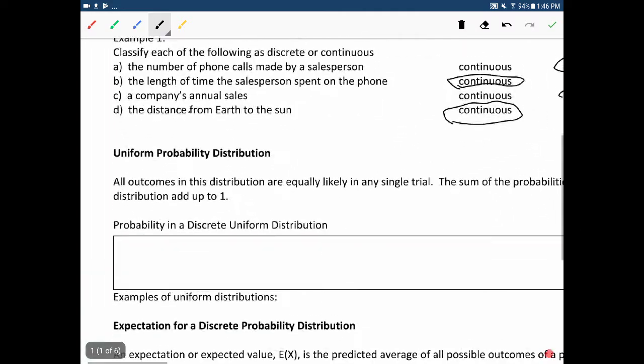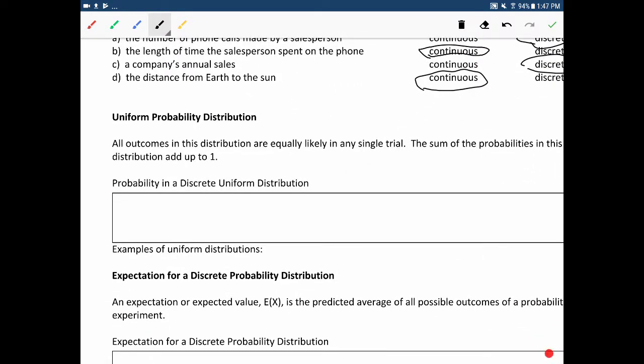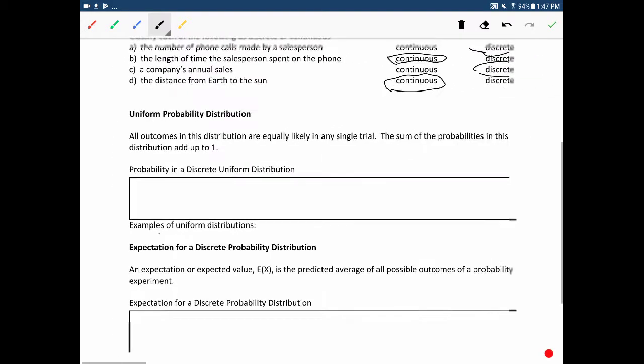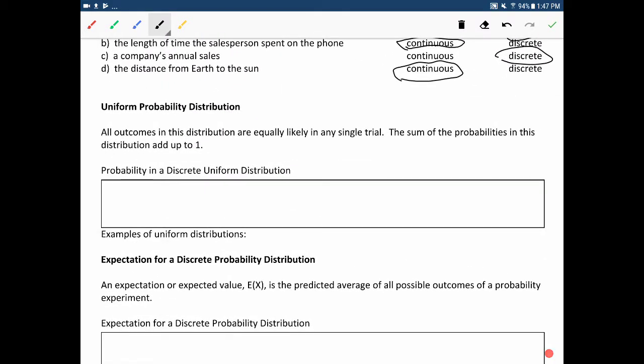All right, so we're going to talk about this uniform probability distribution. What this means is all outcomes in this distribution are equally likely in a single trial, and the sum of the probabilities has to add up to 1.